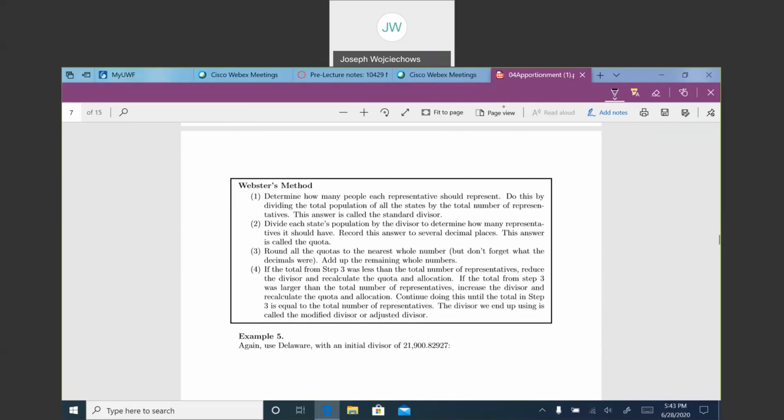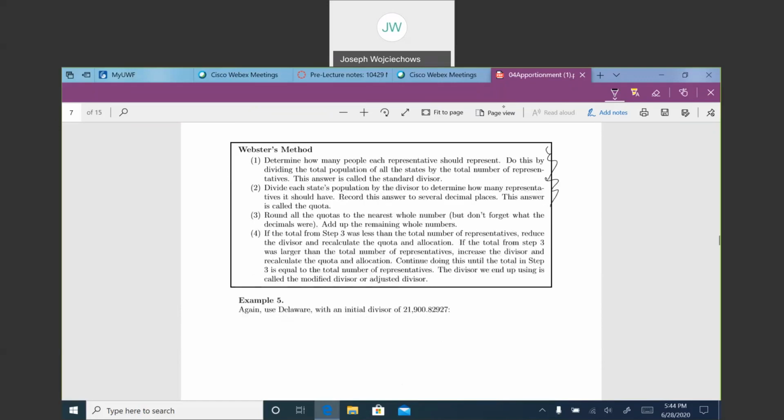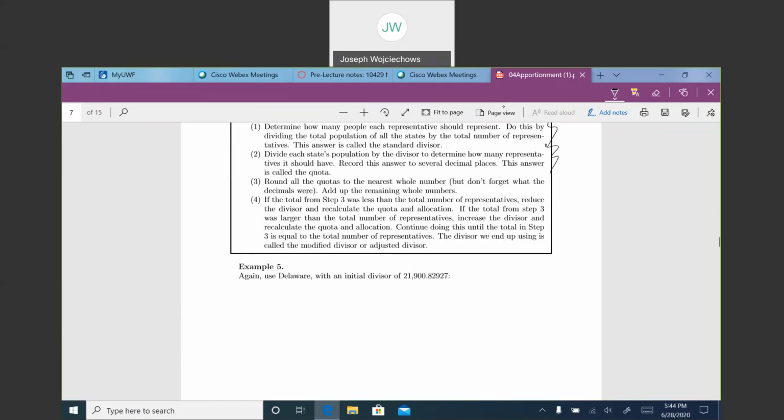Okay, the next method is Webster's method. Determine how many people each representative should represent, and do this by dividing the total population of the states by the total number. So this is the same as the others. Now it says round all quotas to the nearest whole number.